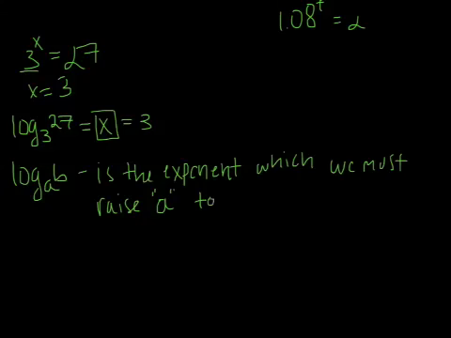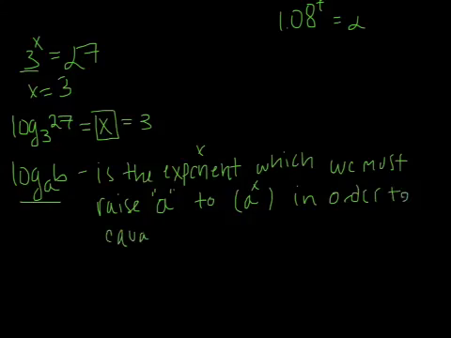And just to make sure you understand what that means, I'm taking this exponent, we'll call it x here, I'm raising a to this exponent. So whatever this logarithm is, it's the exponent that I raise a to in order to equal b. Okay? So this logarithm, the log base a of b, tells me the exponent. What is the exponent that I need to raise a to in order to get b?